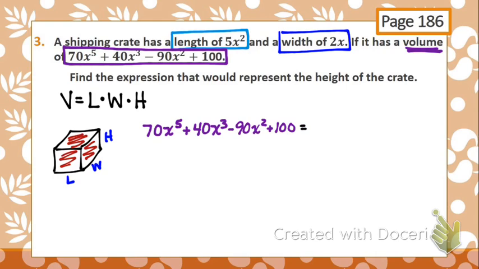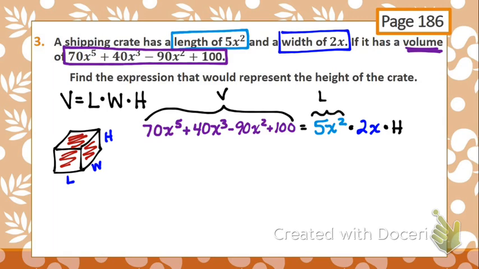That's the volume. What's that going to be equal to? 5x squared times 2x times h. 5x squared is our length. 2x is our width. So what do I do with it then?